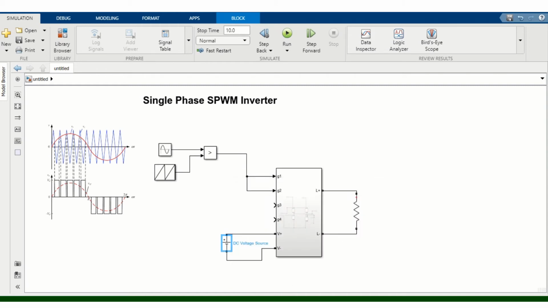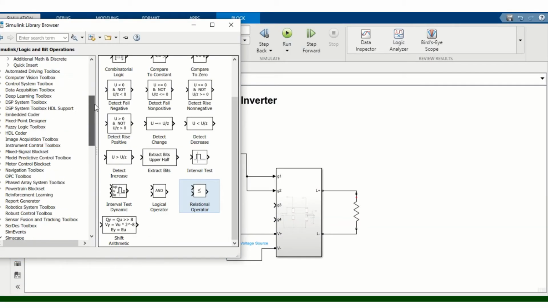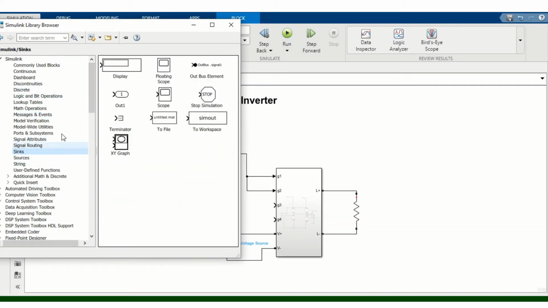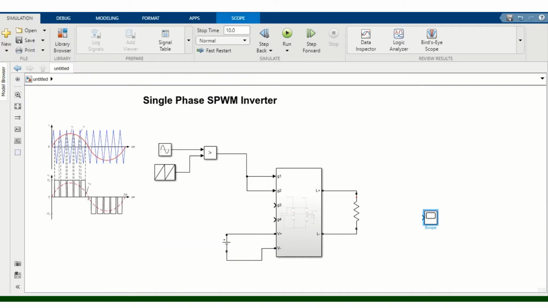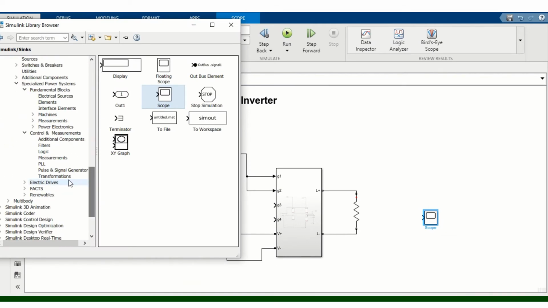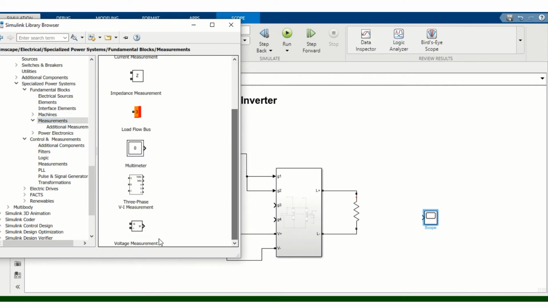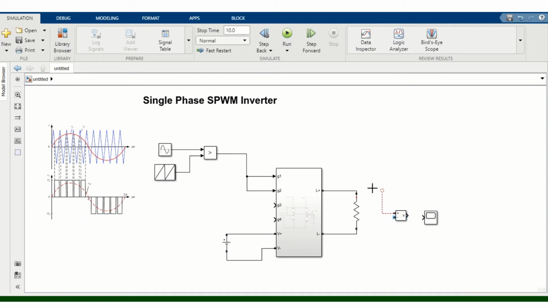A measurement block is required because we want to observe that output on a CRO. So first I will take a CRO, oscilloscope in sync, and also the voltage measurement block from the specialized power system. So here this is the voltage measurement block, and we will measure the voltage across the resistance. And this goes to the CRO.